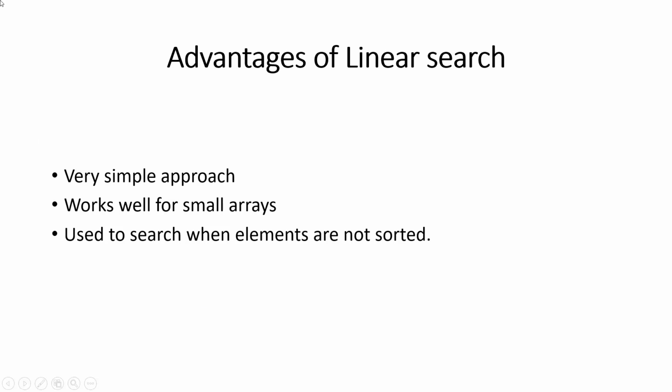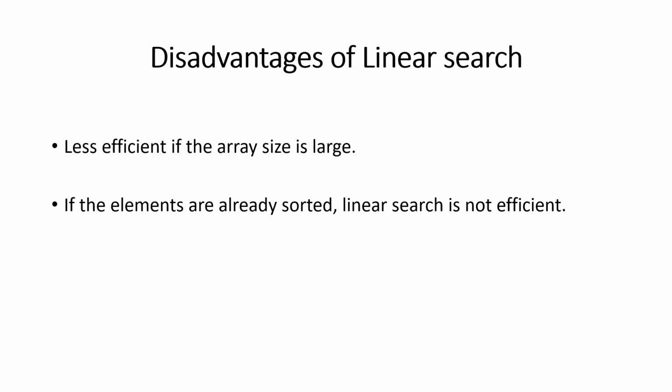Now coming to the advantages of linear search. Linear search is a very simple technique and it works for small arrays. It is used to search when the elements are not in sorted order. Then what are the disadvantages of linear search?